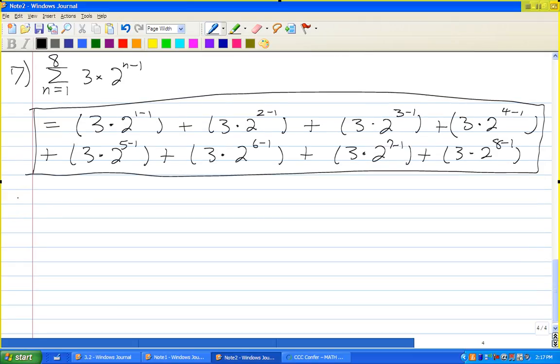Nine, summation n equal 1 to 7 of 5 times negative 3 to the n minus 1.